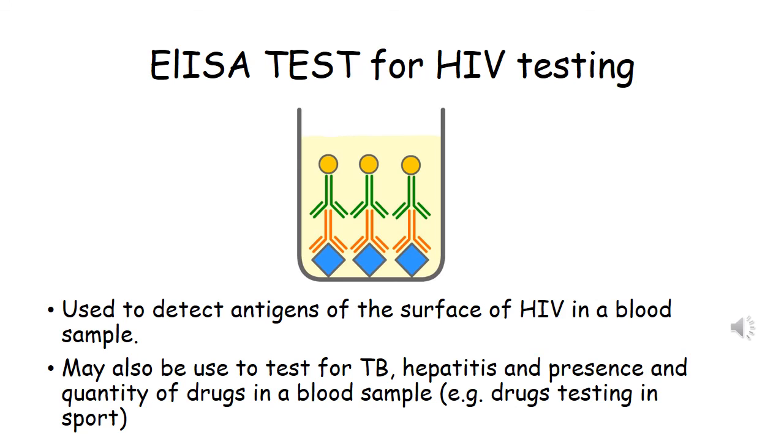This method may also be used to test for other infections such as TB and hepatitis, and it may also be used to test for the presence and also quantity of certain drugs in a blood sample. As we talked about a few lessons ago, this is all about detecting certain antigens using monoclonal antibodies.